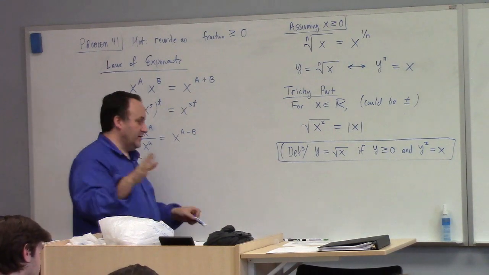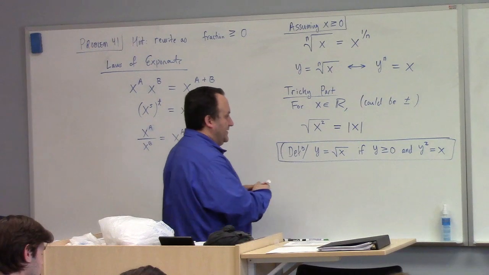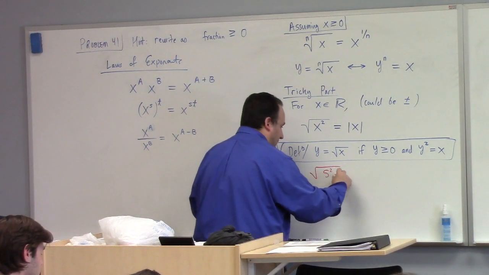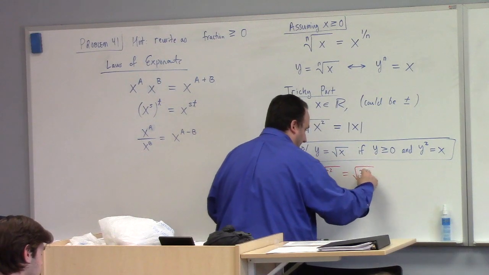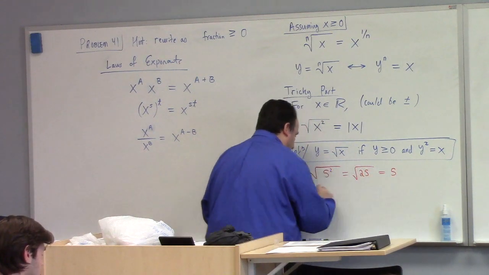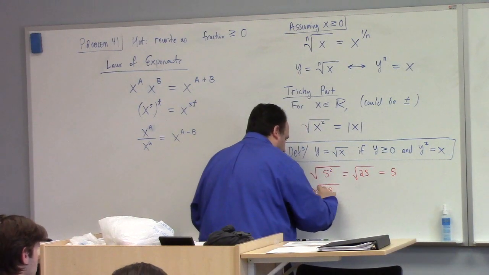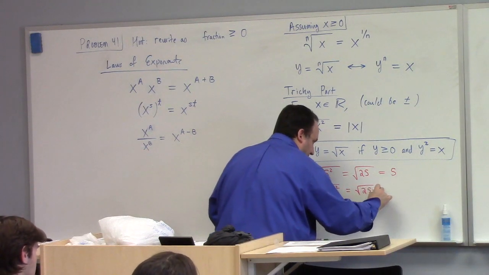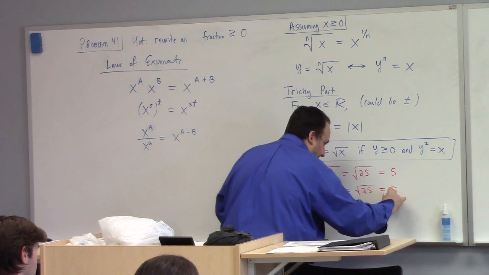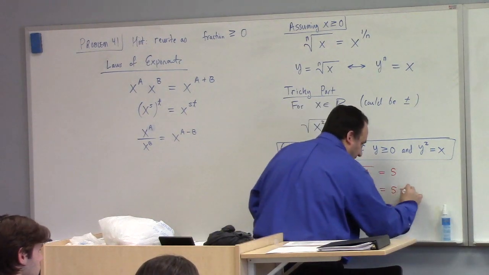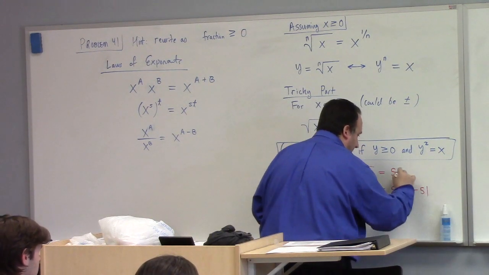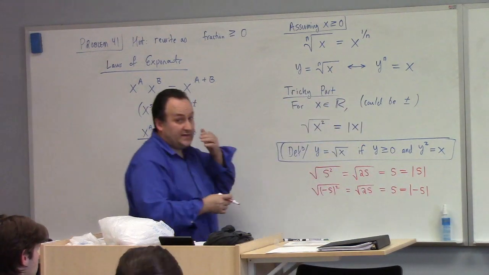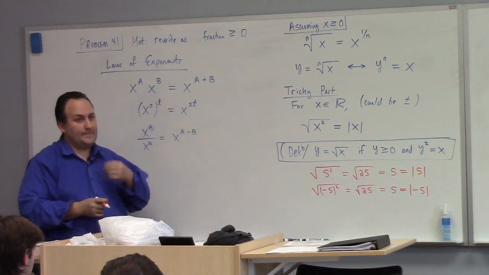Let me show you how it works. The square root of 5 squared: square root of 25 is 5, great. But the square root of minus 5 quantity squared is equal to the square root of 25, which is also equal to 5, right? But 5 is the absolute value of minus 5. So in all cases, the square root of x squared is equal to the absolute value of x.